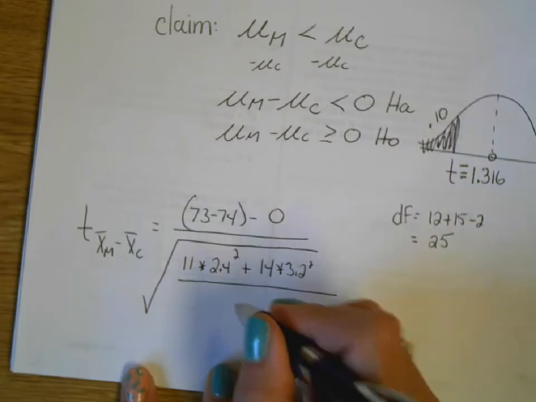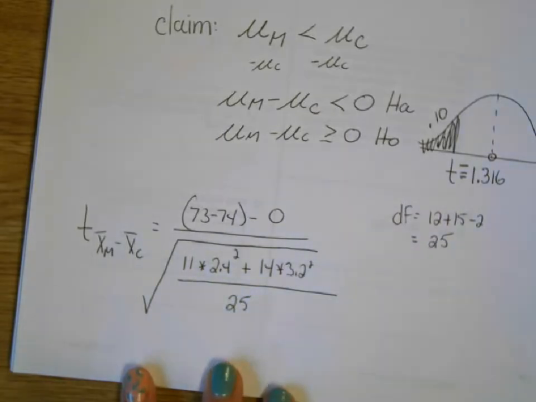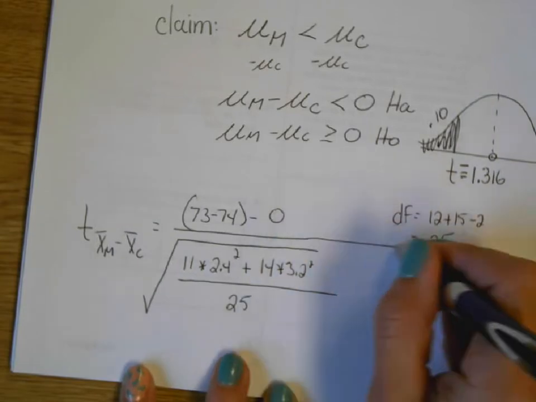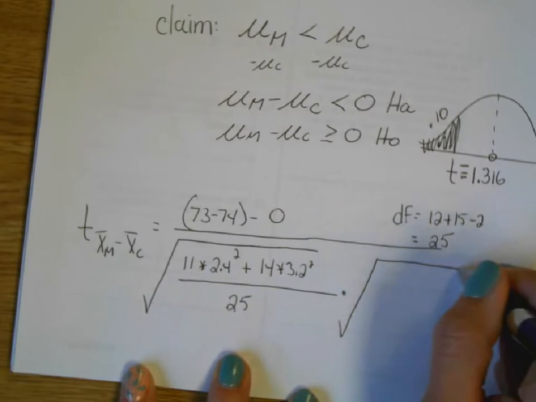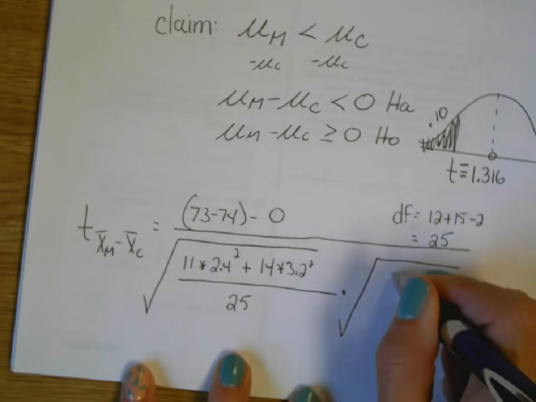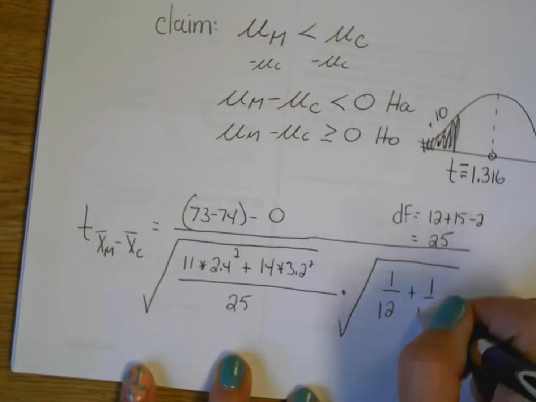What did you get? 25. Just put the 25 down there. It'll save a whole lot of button pushing and mistakes on the calculator. And then we extend our fraction bar because this is going to be multiplied by the square root of 1 over 12 plus 1 over 15.